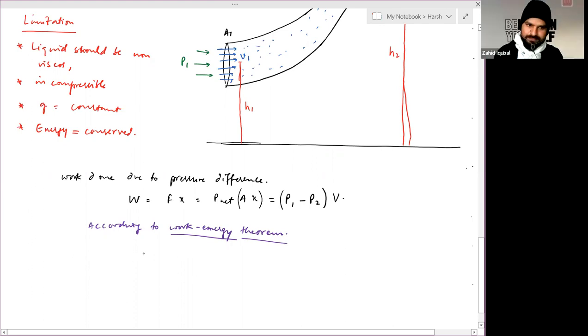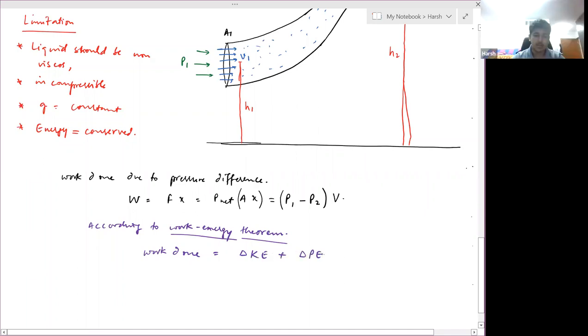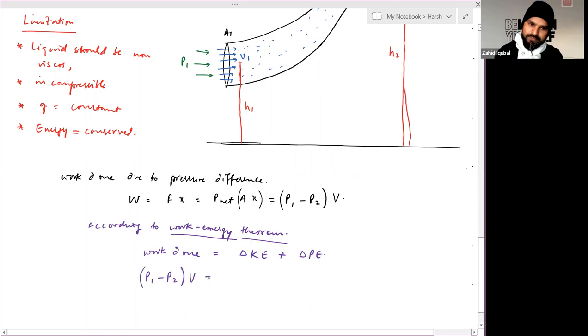So we can say work done by any external agency will be equal to the sum of change in kinetic energy plus change in potential energy. Now in this part, work is done by external agency in terms of pressure, so it will be (P1 minus P2) multiplied by volume.